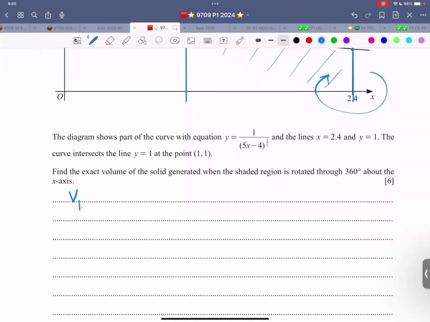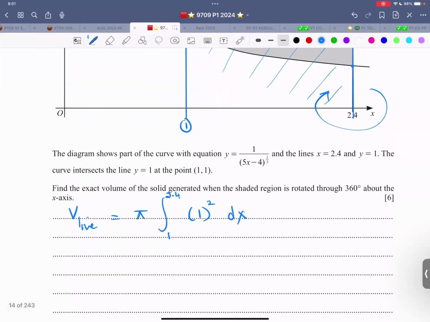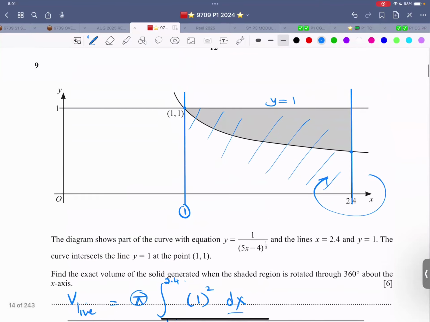So volume under the line, that is pi, the limits are 1 and 2.4, this is 1 squared dx. The concept is square whatever the equation is, then after squaring, integrate, then plug in the limits. Don't forget to multiply by pi.